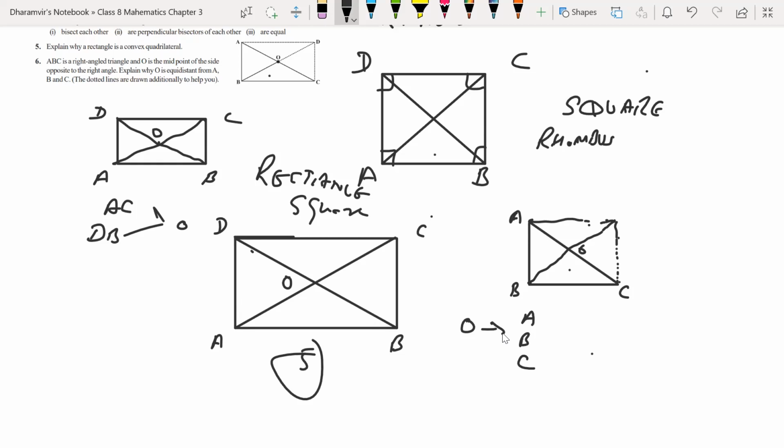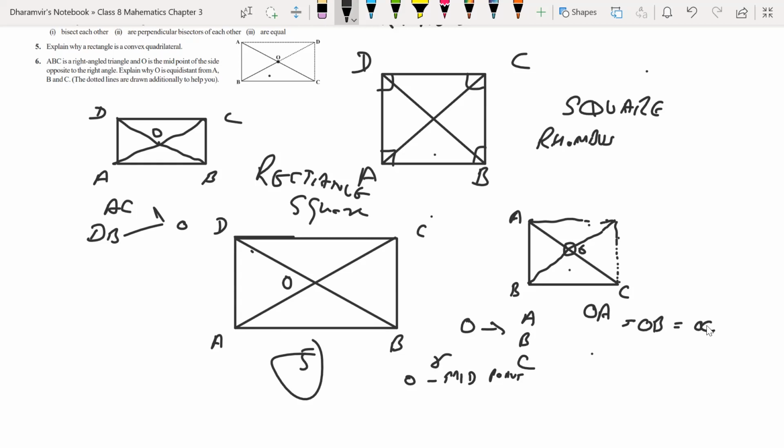Right angle triangle ABC, O is the midpoint. To prove O is equidistant from A, B, C, we can state that OA is equal to OB is equal to OC.